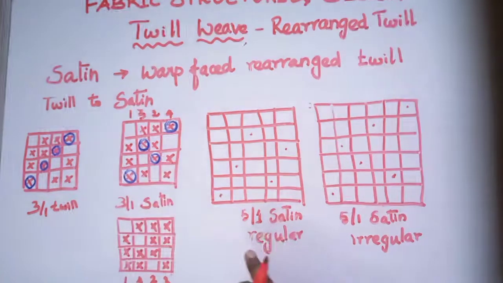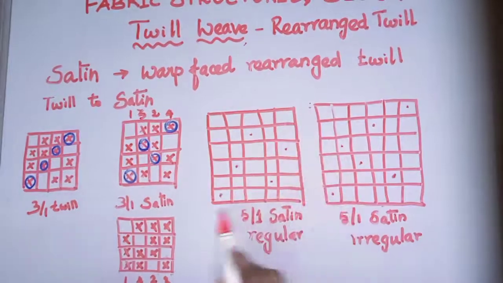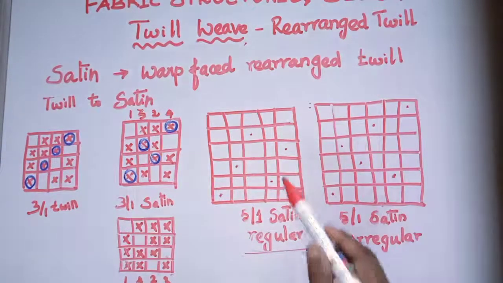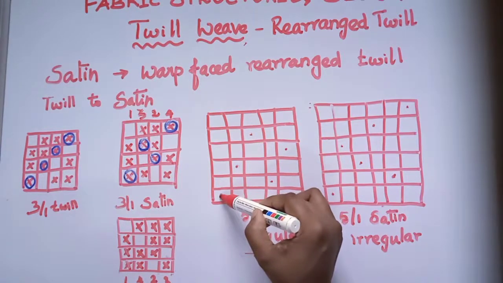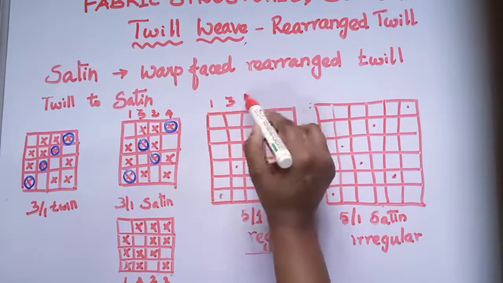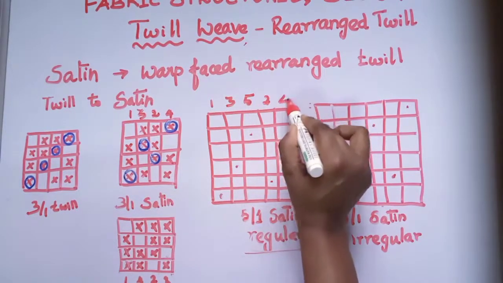We will see one more example. Here I have drawn the table for 5 by 1 satin. The starting point is rearranged based on a pattern of one skip, that is 1 3 5 2 4.